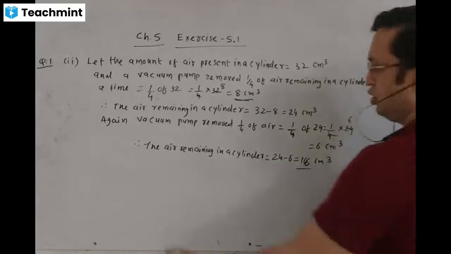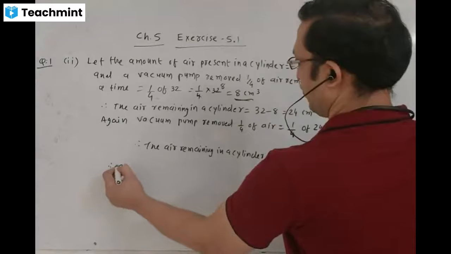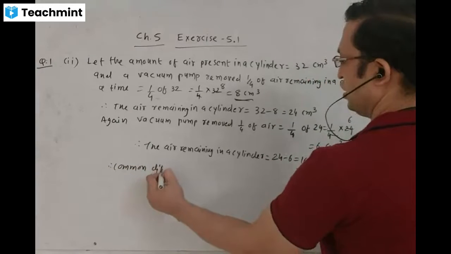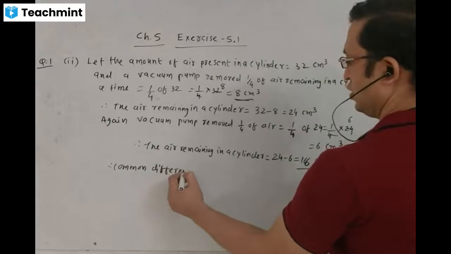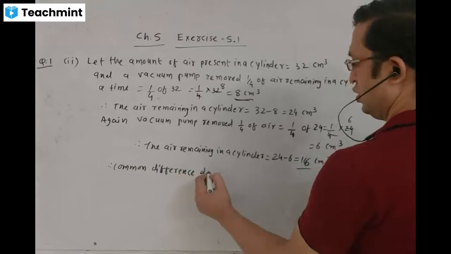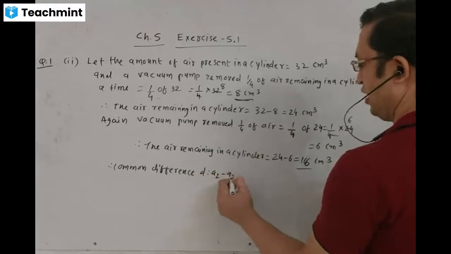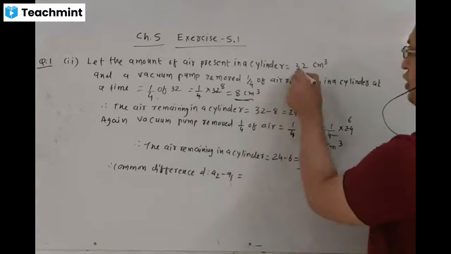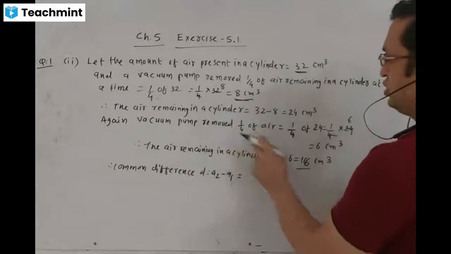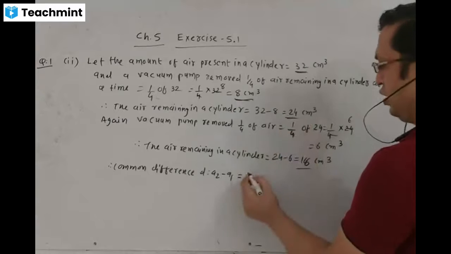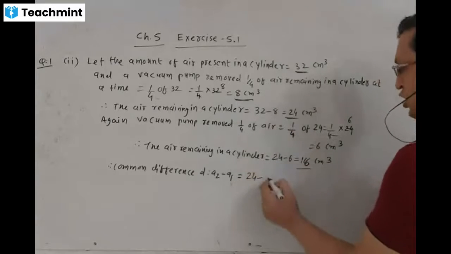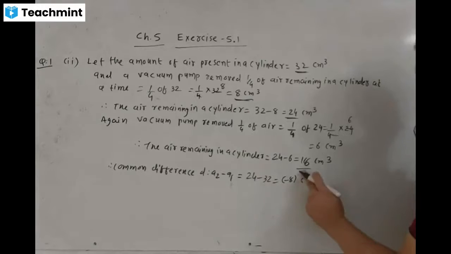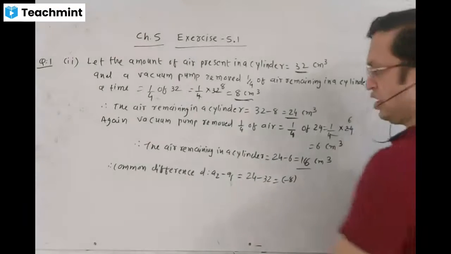Okay, so here the common difference D is equal to A2 minus A1. A2 is equal to 24 and A1 is equal to 32, that is equal to -8. The common difference is -8.